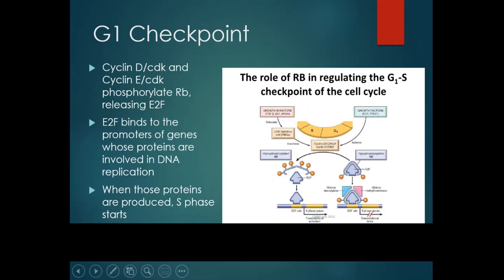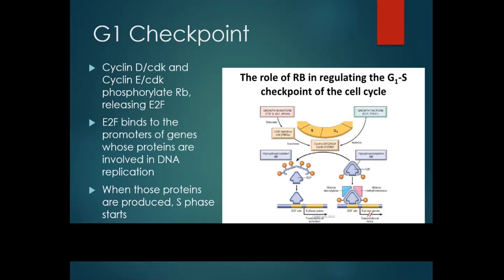Okay, so we're going to look at two checkpoints. The first one is the G1 phase checkpoint. And the G1 phase checkpoint is the one that is activated by cyclin D, or that is controlled by cyclin D. Cyclin D, basically its job is to phosphorylate a protein that's called RB.